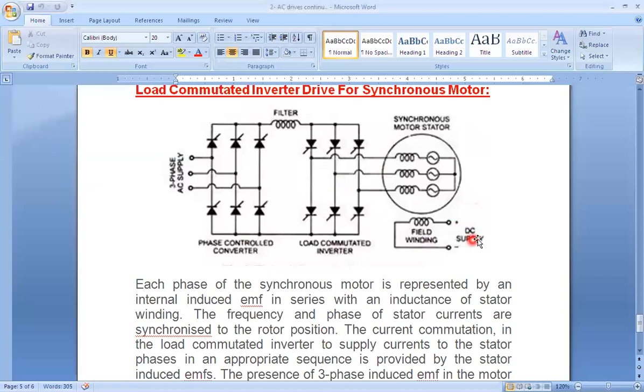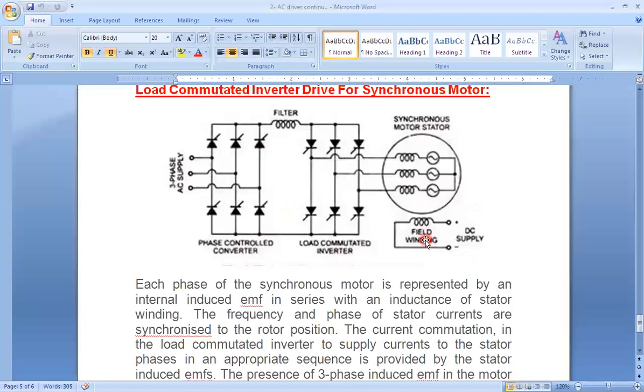Either we can connect this DC supply from a separate phase control rectifier to get the variable voltage for power factor control, or we can supply the DC from the output of this phase control rectifier. That is, from these two terminals we can connect across this DC supply so that we get the variable DC voltage for the field winding.